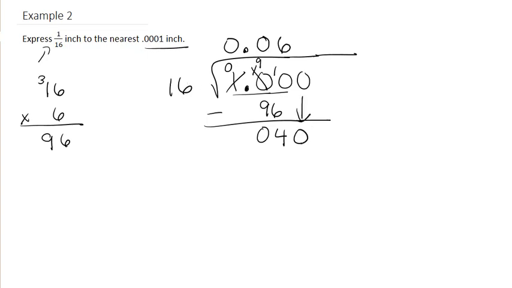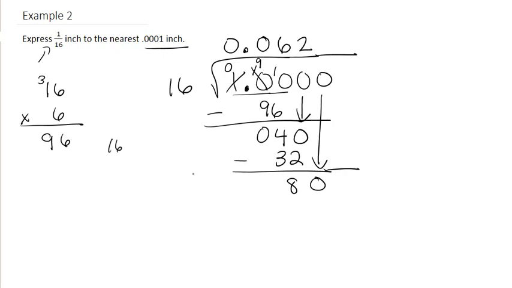Now 16 can go into 40 2 times because 16 times 2 is 32. So we subtract: 40 minus 32 is 8. Let's add another 0. Now 16 can go into 80 how many times? Well, 16 times 6 is 96, so if we did 16 times 5, it should be 80. Let's double check. 6 times 5 is 30.